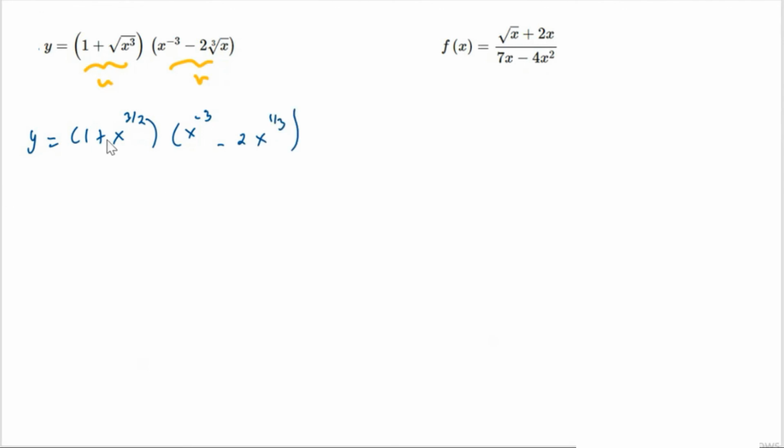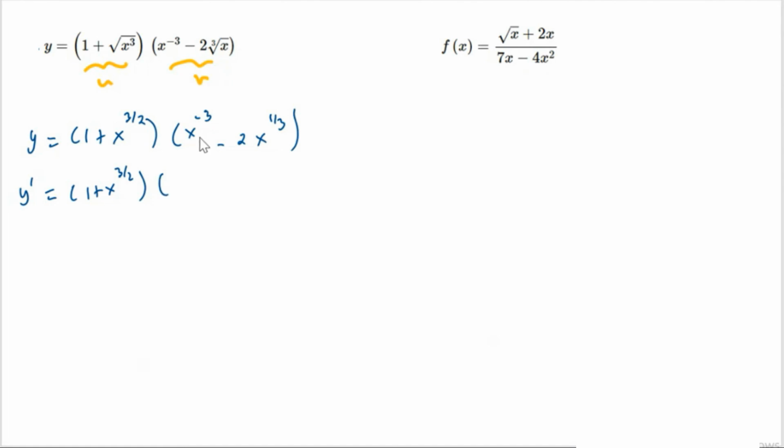So after that, our u is the first factor, and v now is our second factor. So using the formula that I have shown a while ago, y prime is equal to u dv. So we have now 1 plus x raised to 3/2 times the derivative of the second term.